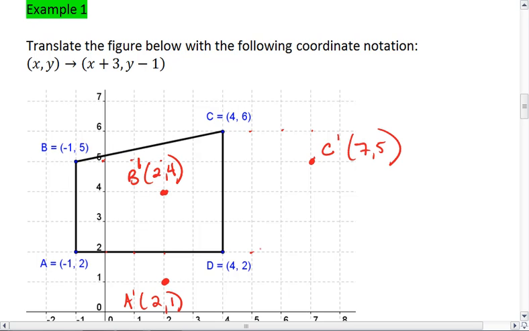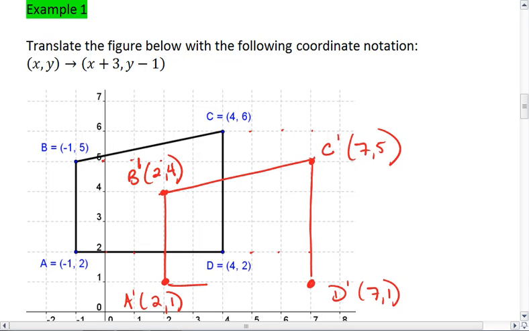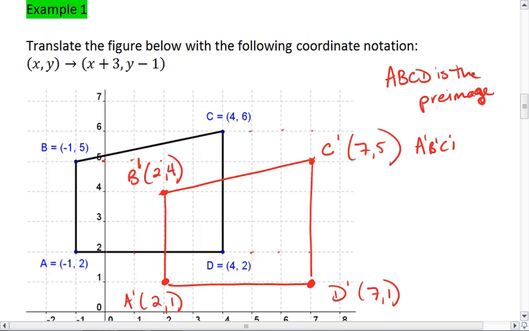And for D, I get D prime at 7, 1. And there I have my red shape, where the red is an image, so A, B, C, D is the pre-image, and A prime, B prime, C prime, D prime is the image.